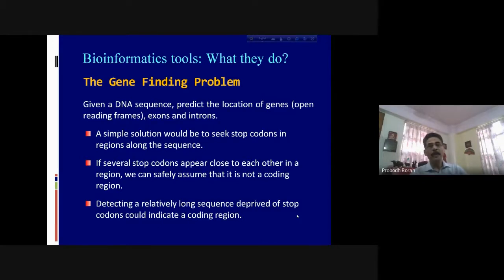So given a DNA sequence, how to predict the location of genes and how to locate within a gene sequence the coding part, that is exon, and the non-coding part, that is introns, in case of eukaryotes. It was a big issue.